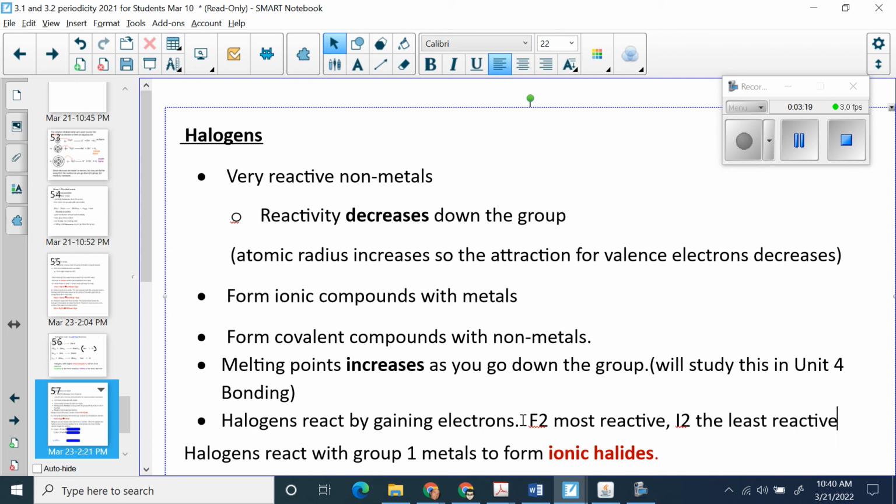And we're considering from F2 just down to I2. We don't really consider At. But F2 is the most reactive, and I2 would be the least reactive.